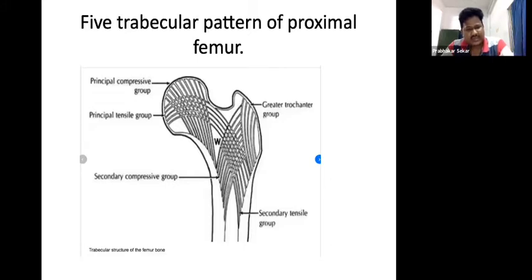If only the primary compressive trabeculae is present, then it is at the last stage of osteoporosis. There are five trabecular groups. The compressive trabeculae always start from the medial aspect, the concave portion: primary compressive and secondary compressive. The tensile portion comes from the convex side, the lateral aspect: primary tensile, secondary tensile, and greater trochanteric. So these are the five groups.